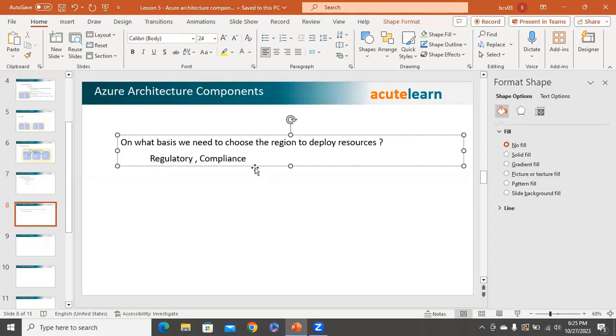Now you have some kind of finance applications. As per the government compliance and regulatories, you should not put your finance applications outside of India. Like many countries have their own regulatories and compliance requirements.